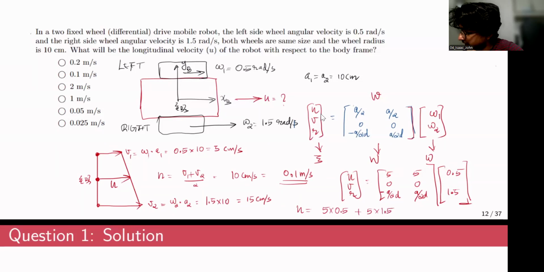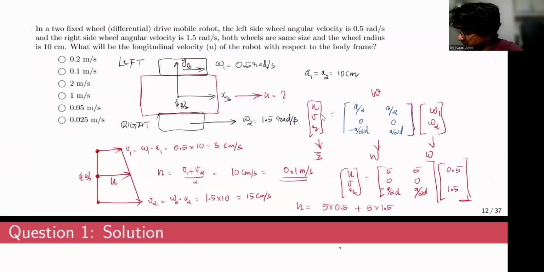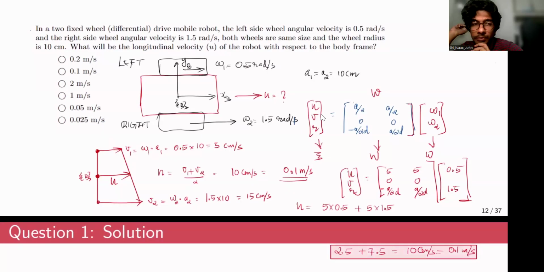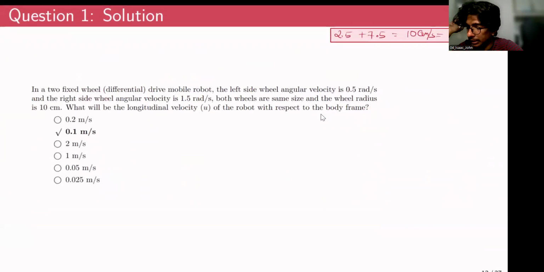So this is nothing but 2.5 plus 7.5. You will end up with 10 centimeters per second. This is nothing but 0.1 meters per second. So the correct answer in this case is 0.1 meters per second. Let's check the answer. So that is indeed correct.